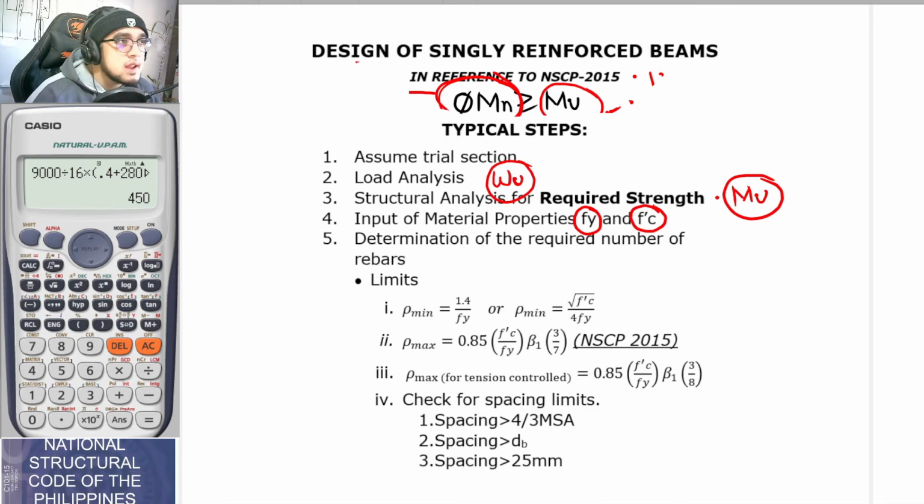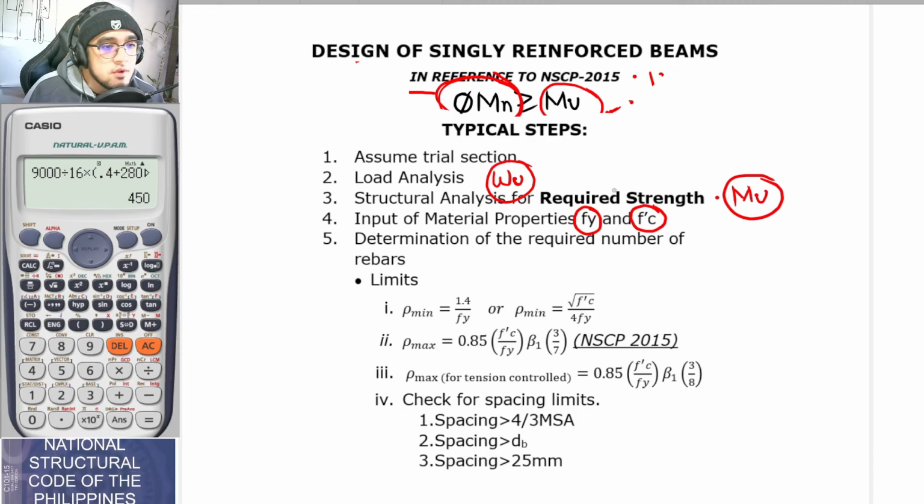So for example, that your hardware is selling grade 420 steel, then you will be using Fy to be 420. And for your F prime C, this is to be dependent upon your mix and the size of your aggregates and the type of cement that you will be using. So that is to be discussed in detail in your construction materials testing subject or your CMT.